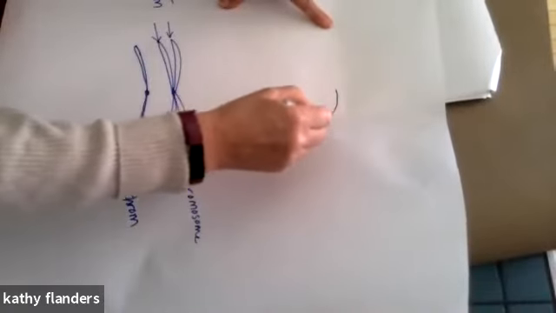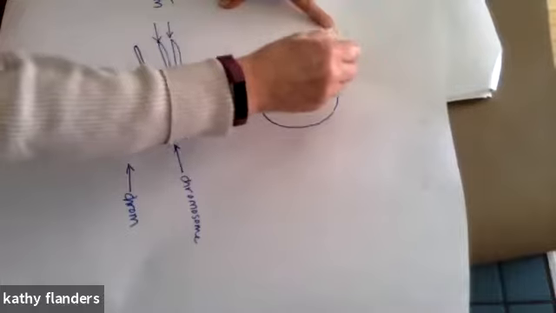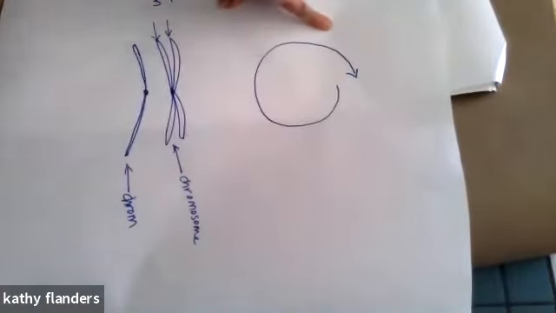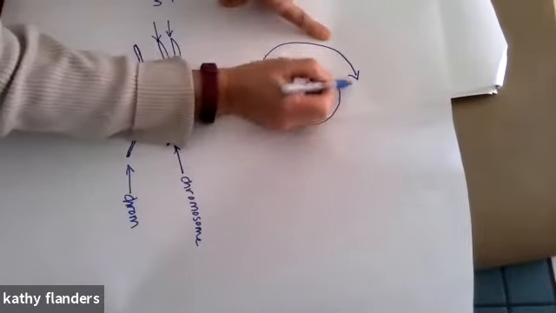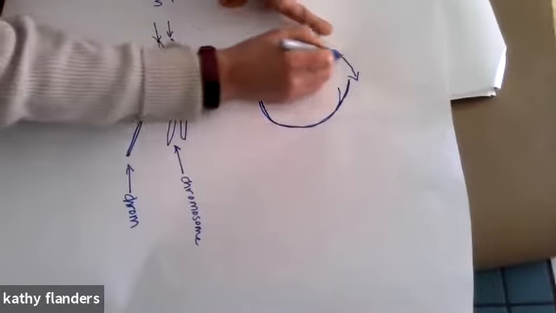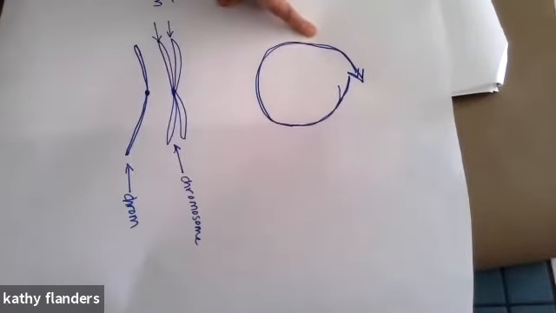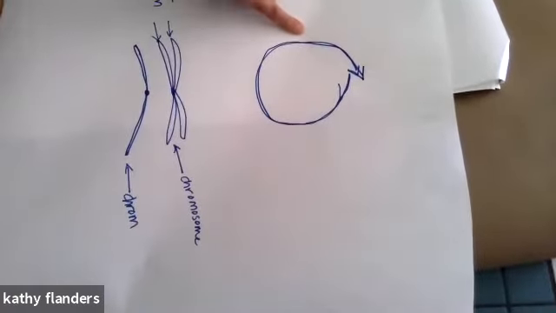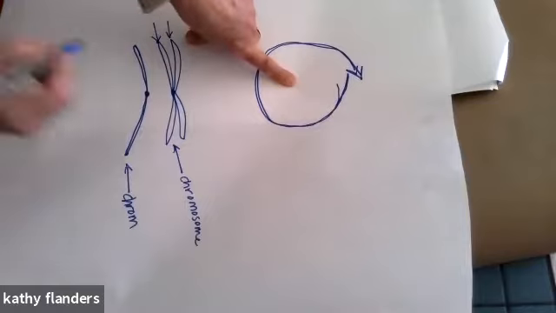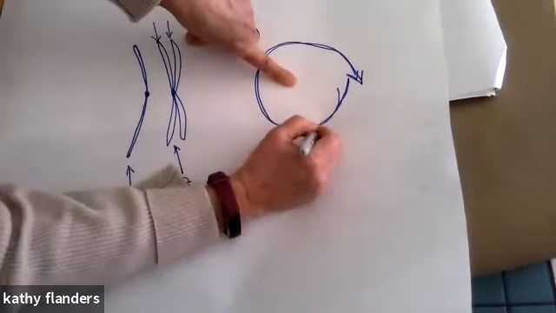Let me try this. Whoops, I did not do that well, but what do we call this? Besides a circle, I know, but when it comes to a cell, what would this represent? I'll give you a hint.